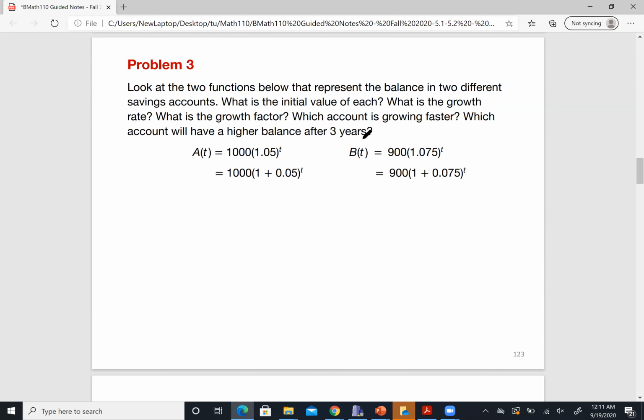Okay, so problem number 3. Look at the two functions below that represent the balance in two different saving accounts. What is the initial value of each? What is the growth rate?